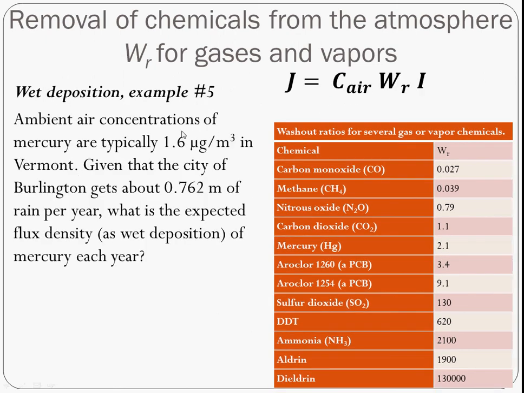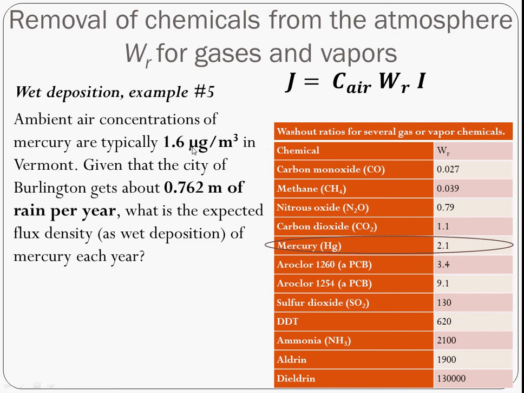And here is the example that we will do in a separate video. And just to kind of show you what that might look like a little bit. So this is the ambient air concentration of mercury in Vermont. We know it's about this, and we know that Burlington gets about 0.762 meters of rain per year.